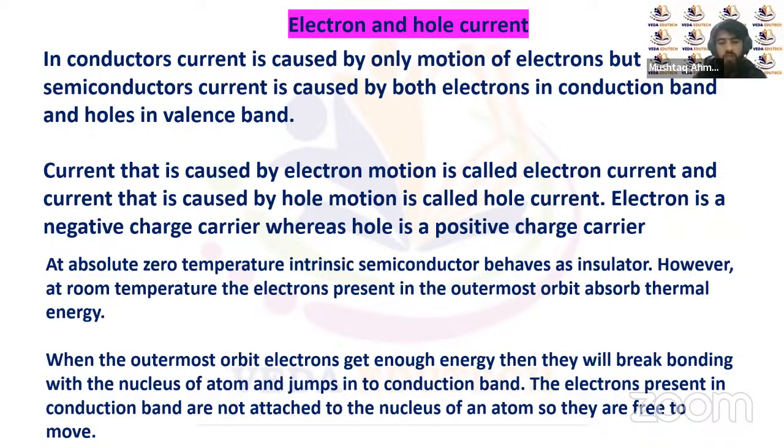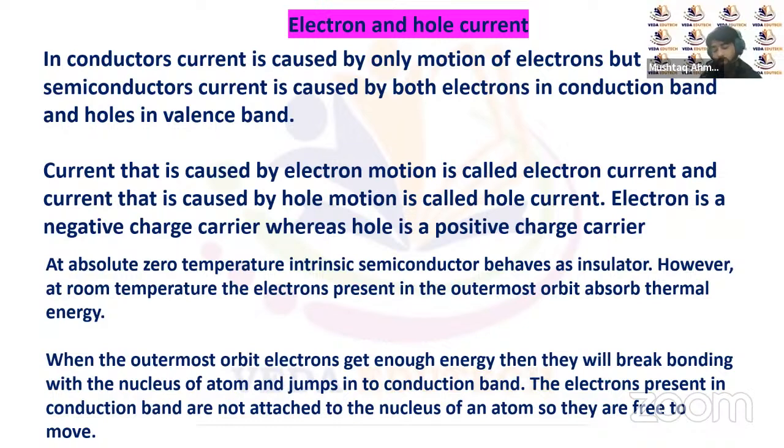When the outermost orbit electrons get enough energy, they will break the bond with the nucleus of the atom and jump into the conduction band. The electrons present in the conduction band are not attached to the nucleus; they are very far from the nucleus and are available for conduction. They are freely available to move.